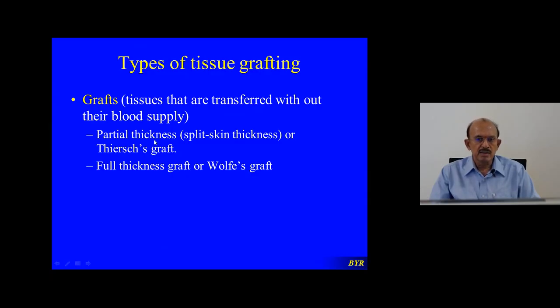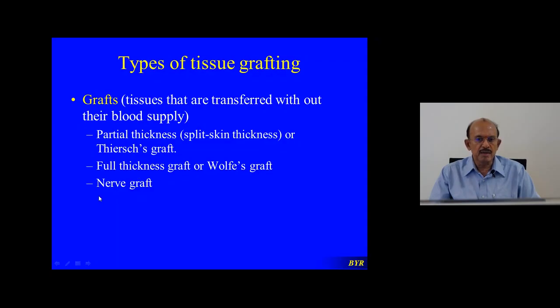Partial thickness graft is also called a split skin thickness graft. Epidermis and part of the dermis is taken here. This is called a Thiersch graft. Full thickness graft means the whole thickness of the skin, including the epidermis and dermis, is taken. This is called Wolfe's graft.